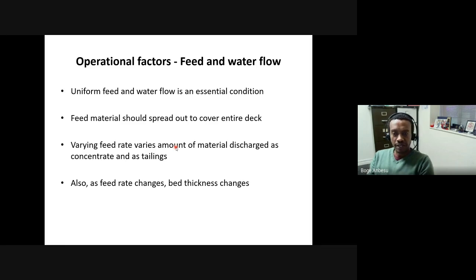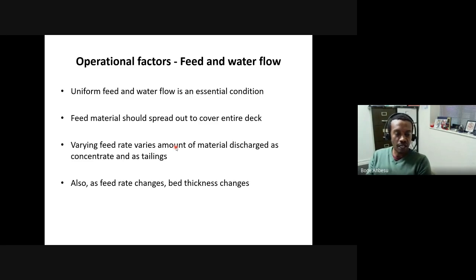What happens if you vary the feed rate? So sometimes maybe you feed a lot of material, and then sometimes you feed less material to the table. You are actually ruining how particles spread on the table. So you should look for a very nice spread of feed material on the table so that particles segregate nicely. If some spots on the table have a low amount of particles, some have a large amount of particles, you are overloading some of the riffles, but some of the riffles are not used fully, and therefore that actually affects the performance of the table.